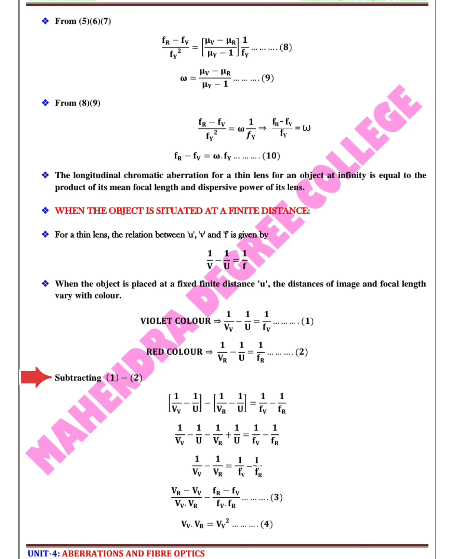Subtracting equation 2 from equation 1, we get (1 by Vv minus 1 by u) minus (1 by Vr minus 1 by u) equals 1 by Fv minus 1 by Fr.